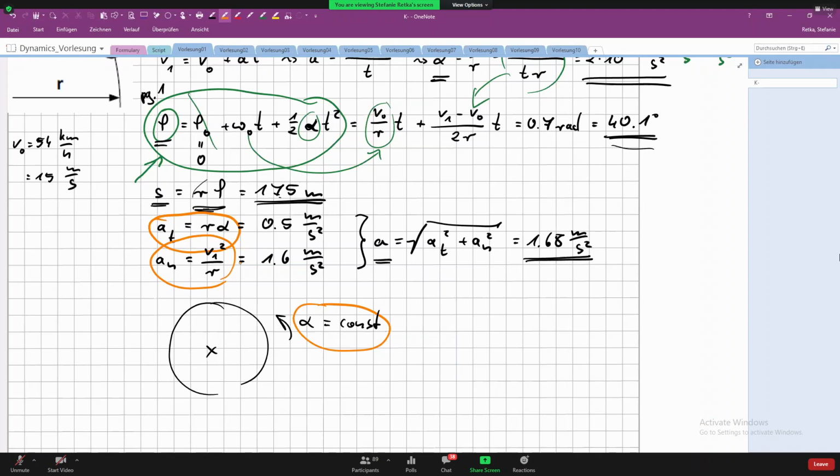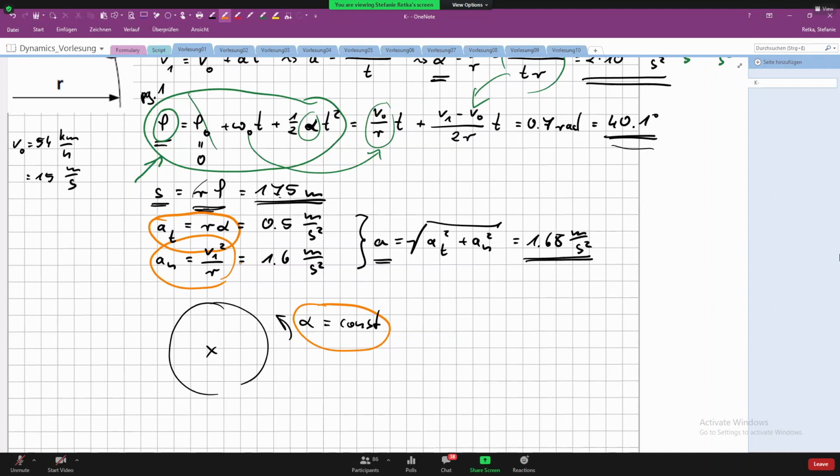Okay, understood now. So in simpler words, the tangential acceleration is the property of the car, or the motor, the driving property of the circular motion, the angular acceleration, which goes with alpha. The normal acceleration is changing, while tangential is staying constant.